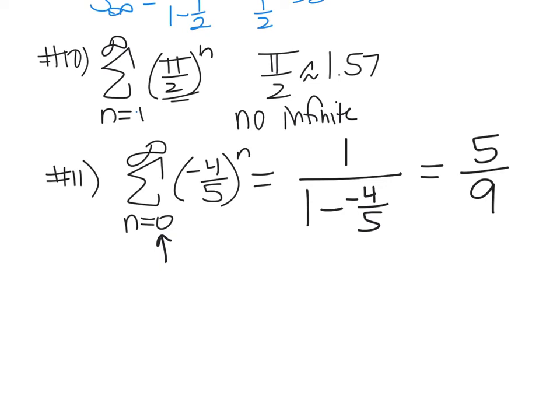If you do this and you do parentheses -4/5 raised to the x power, your calculator is going to lie to you. It tells you that the answer is 5/9. At 100 it actually isn't 5/9 yet, but because it can only do so many roundings, it's going to tell you the infinite. So it's kind of cool. You can check it that way too. All right.